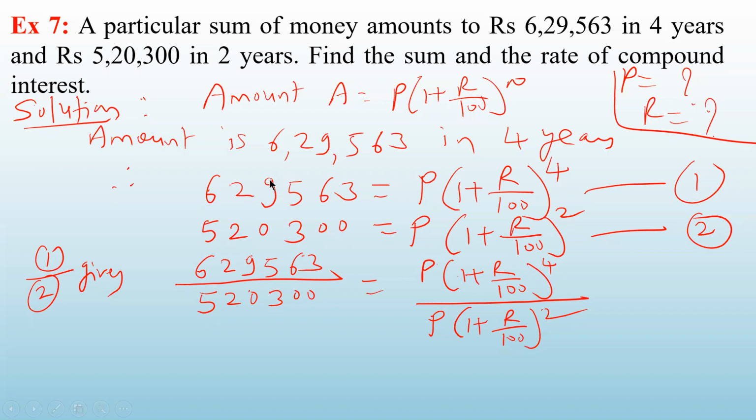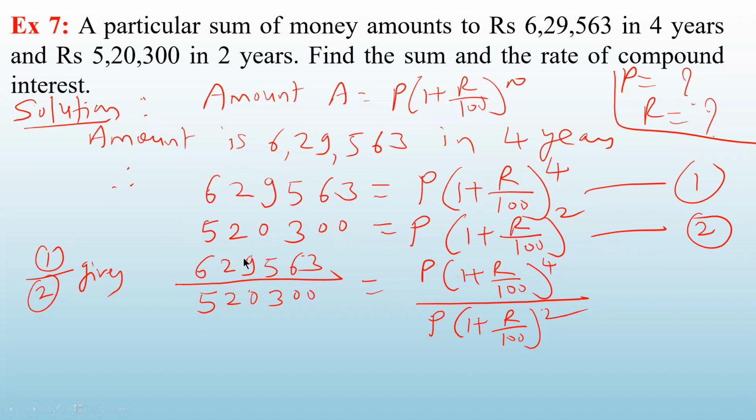So what am I going to do? Divide the first equation by the second equation. So this is the left hand side of the first equation, and this is the left hand side of the second equation. So this divided by this. Right hand side is P into 1 plus R upon 100 raised to power 4, and the right hand side of the second equation is P into 1 plus R upon 100 whole square.